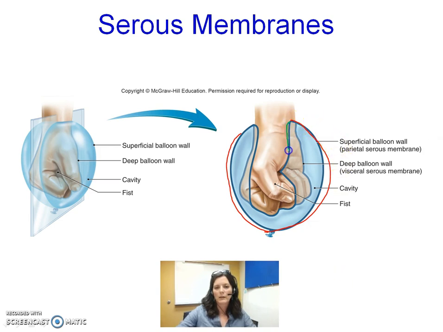Continuous with that membrane is the inner layer of the serous membrane, and it actually touches or comes into contact with the organ itself, whatever that organ is. And then in the middle, you have a lot of fluid, and this is called serous fluid. This fluid is going to help reduce friction and to provide some protection for the organ and prevent these two layers of this serous membrane from rubbing against each other and causing damage.